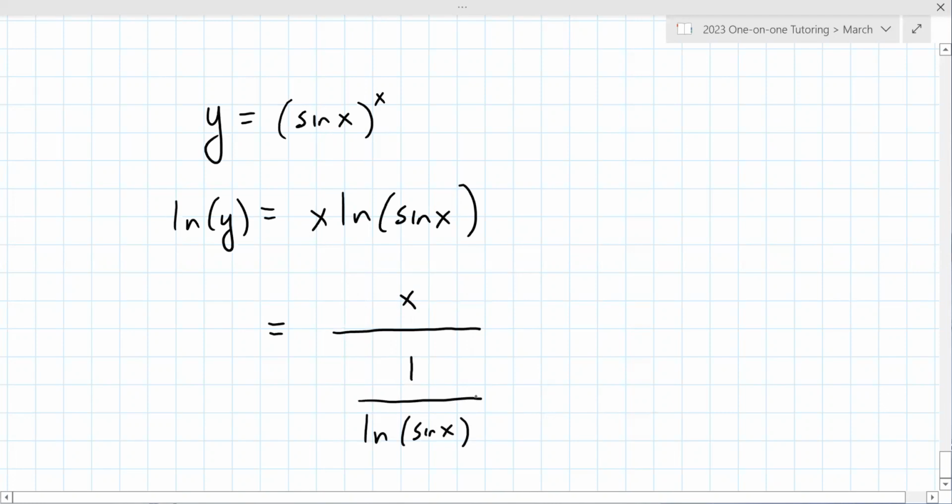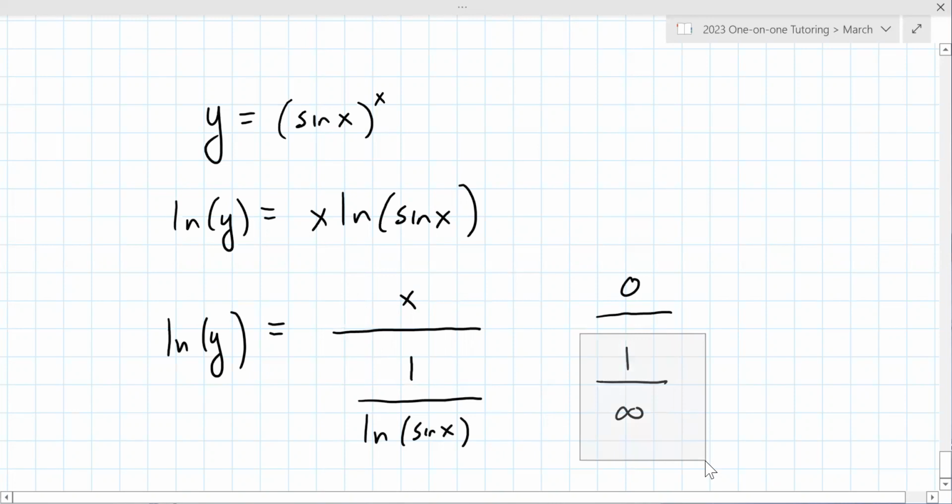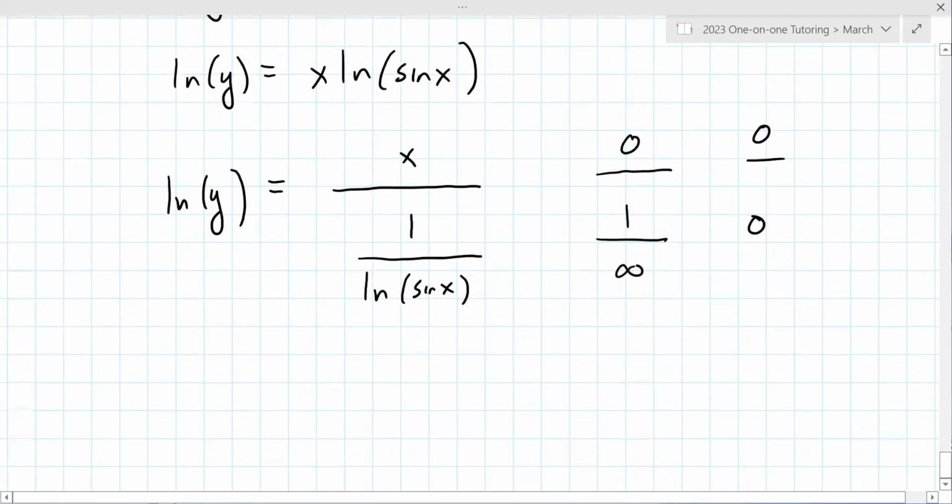So if we go that direction, when you put 0 in for the top, you get 0 over 1 over infinity, which is 0. The reason is sine goes to 0, and the natural log of 0 is negative infinity. That gives you the indeterminate form that you want, 0 over 0, which means you can take the derivative of the top and the bottom.